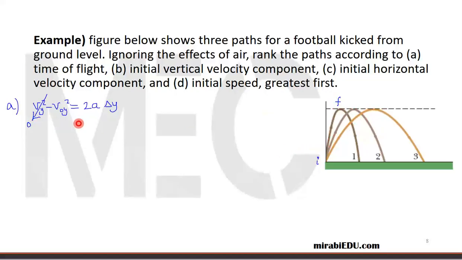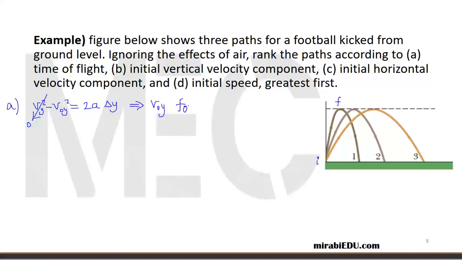So Vy will be 0 for all of them. a is the same for all of them. Delta y is the same for all of them if written between the initial and the maximum height. So we can understand here that V0y is the same for all of them.